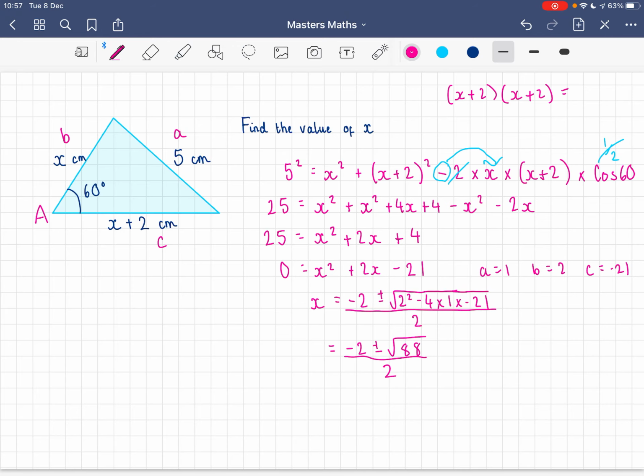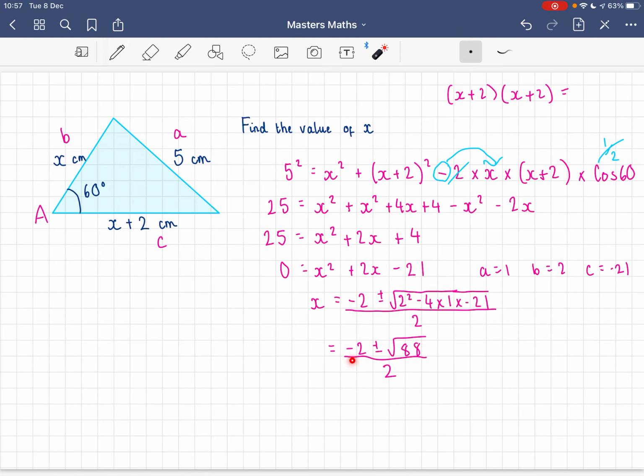Obviously, we can't have a negative length. This length of this triangle is x. So if x was negative, I would have a negative length. Doesn't make sense. So we need to choose the positive value of this. So I'm going to do it by obviously using the plus. If I do negative 2 minus something, it's going to be even more negative.